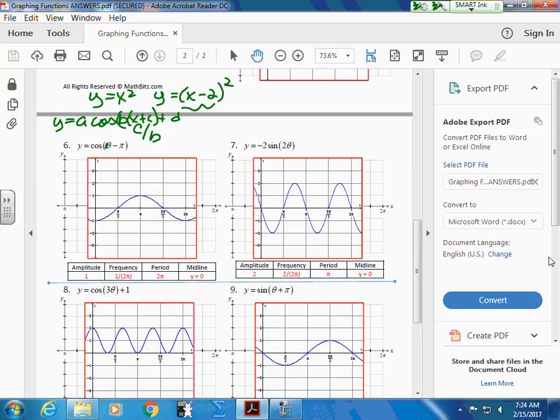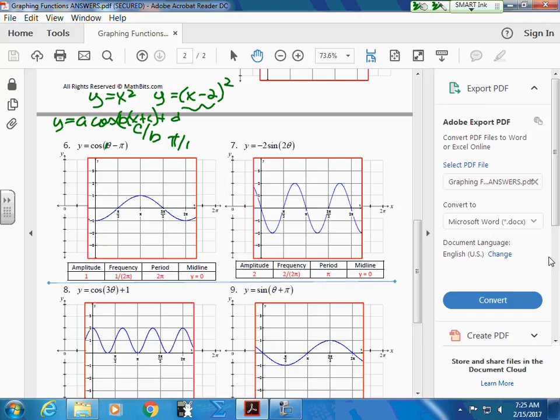So we have to say C over B. Now, I don't put the sign in there, the positive or negative. I do this first. I say this is going to go to the right, pi over 1 units. So that you keep the same kind of transformation that you always did. Inside the parentheses, it goes the opposite way.